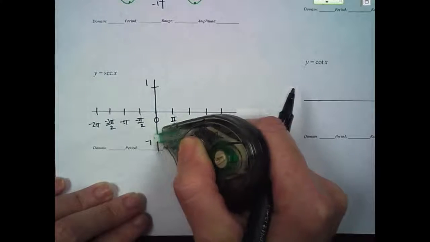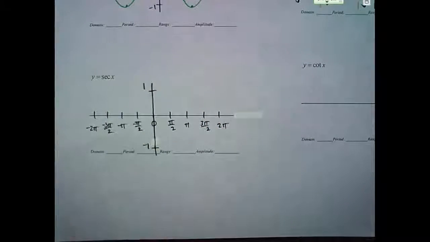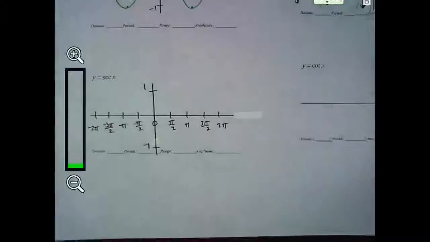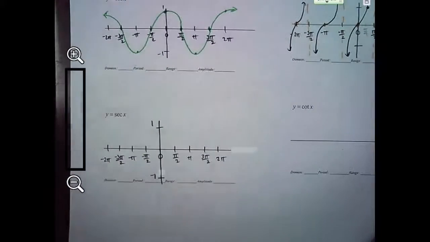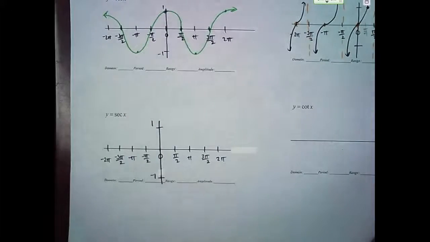Okay, now you've got it all labeled, your hot spots and where you're going to start. We've graphed cosine. Have you found the pattern yet? You just flip it, it's the same. So let's look at your graph and see where you were before. At cosine, look at your unit circle.